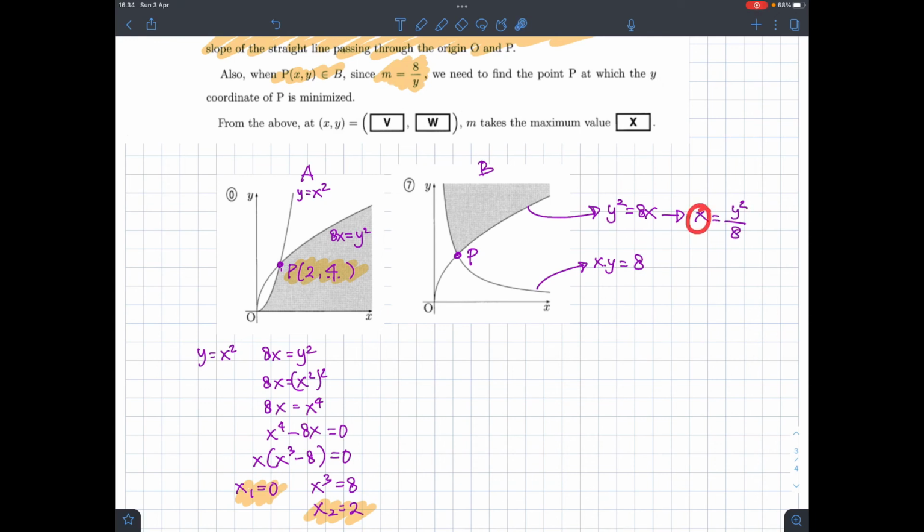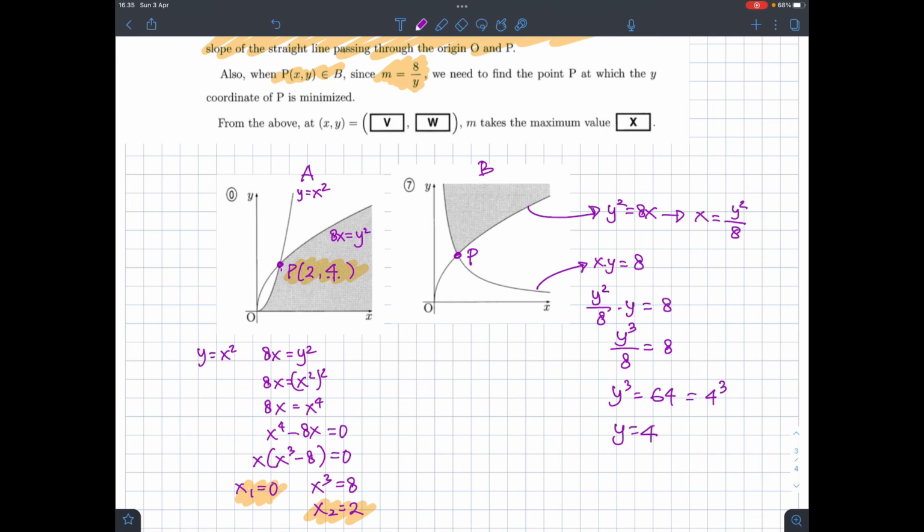So you just substitute this into here. So y squared per 8 times y equals 8. From here, y cubed per 8 equals 8, so y cubed equals 64. This is 4 to the power of 3.